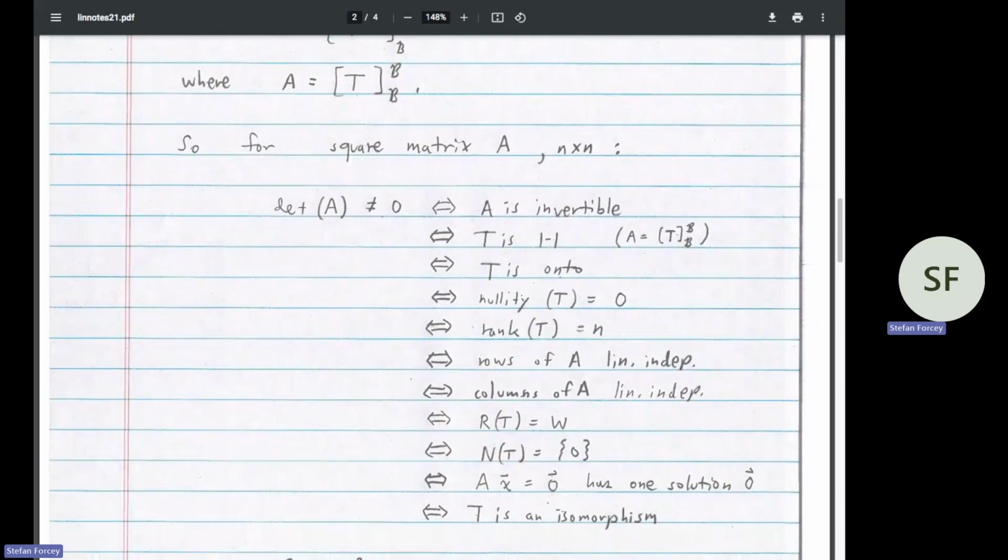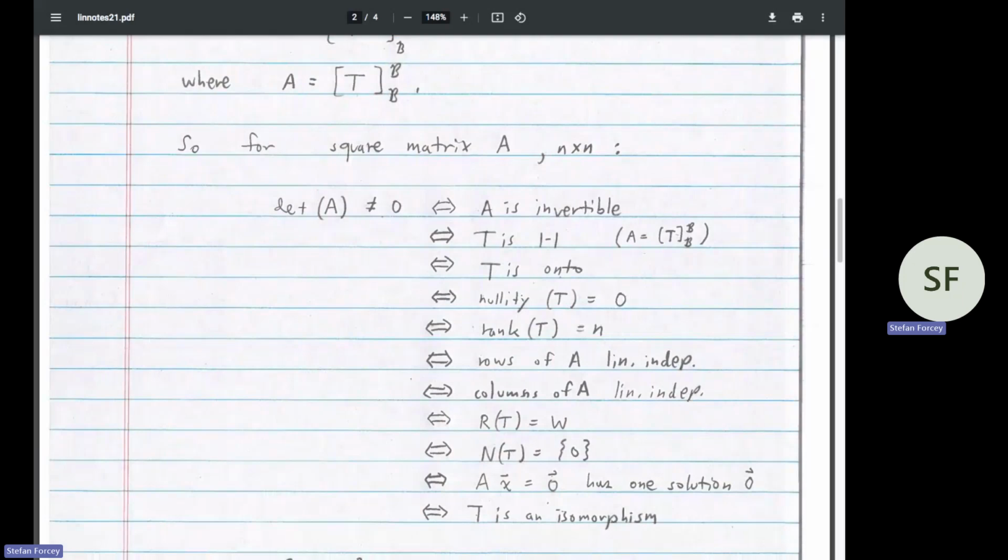You have determinant of A non-zero, A being invertible, so you can find the inverse. T being 1 to 1, where A is equal to the matrix representation of T. And in that case, T is also onto, because this is an n by n matrix, so the number of rows and columns is the same. And then the nullity of T has to be equal to 0, and the rank of T has to be equal to n. Then the rows of A are all linearly independent, and the columns of A are all linearly independent.